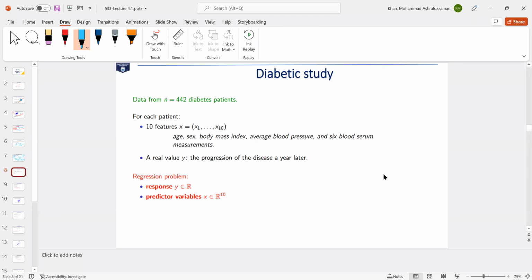This data set has 10 different feature values and an index value that can be used to measure progression of diabetes over the years. So this data set has a response y, an index for diabetes, and 10 different predictor variables.